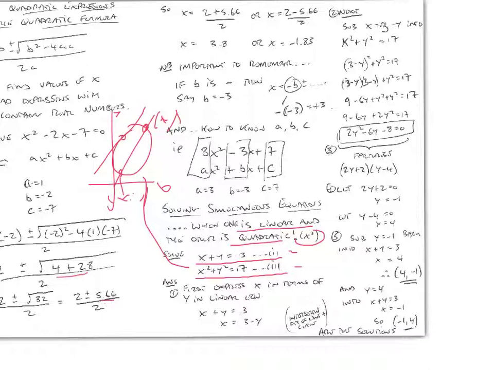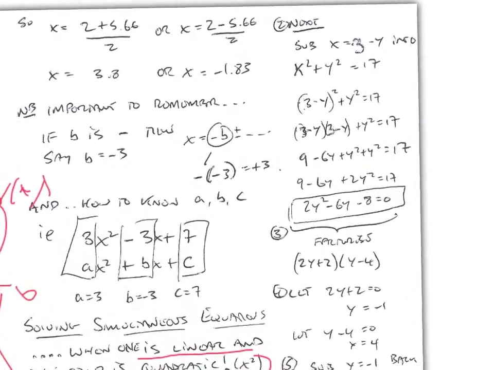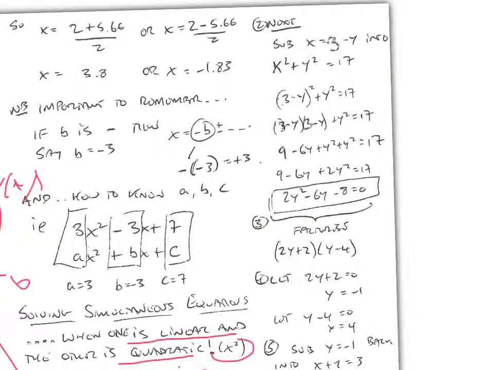Well, always the way to solve these is to first express x in terms of y in the linear equation. So if x plus y equals 3, x is equal to 3 minus y. Then we sub that x equals 3 minus y into the circle equation, the second equation. So where we see x, we put 3 minus y in brackets, squared, plus y squared is 17.